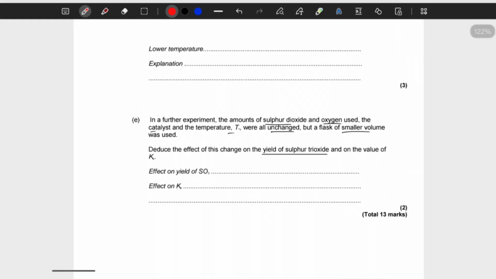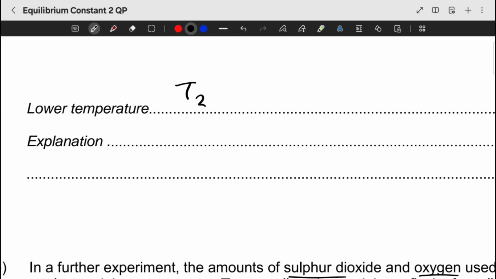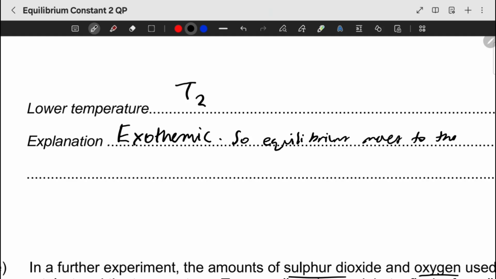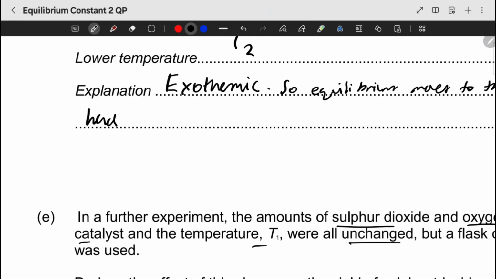So we're going to write T2. Explanation: I'm going to mention that it's exothermic, so equilibrium moves to the right hand side to oppose the decrease in temperature.